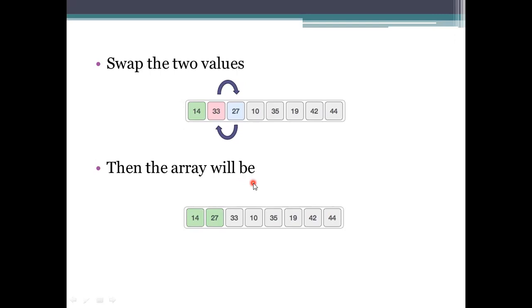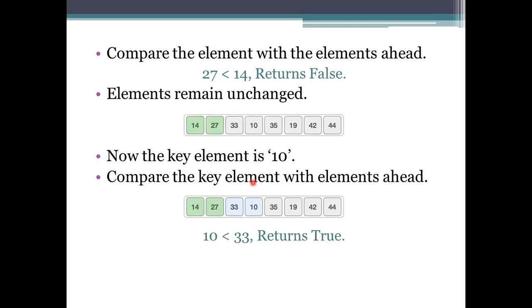Okay. So while using the 10 as the key element, we need to perform the comparison, as we see, 10 is less than 33, 27, and 14. So we need to compare 3 times, and process this so that it is stored in the place of the 14.